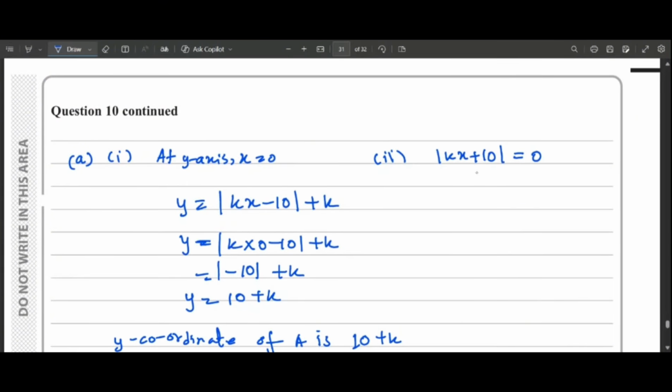When the modulus part of f(x) equals 0, the value of x at which it equals 0 will be the point at which the vertex is present. So let us calculate the value of x for which kx plus 10 is equal to 0. So I can write kx plus 10 is equal to 0, or kx is equal to minus 10, and x is equal to minus 10 by k.